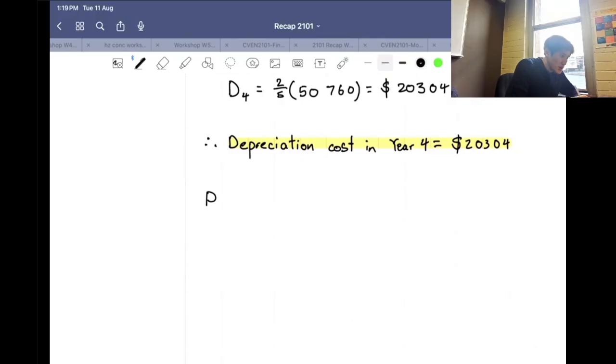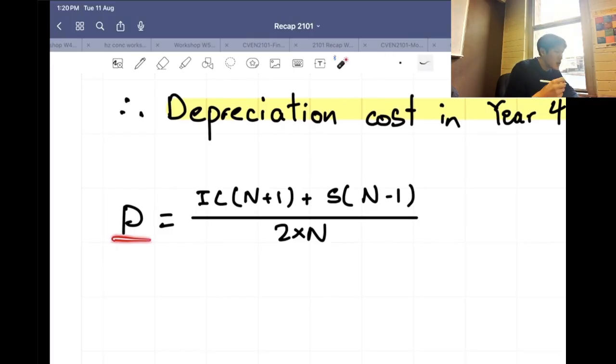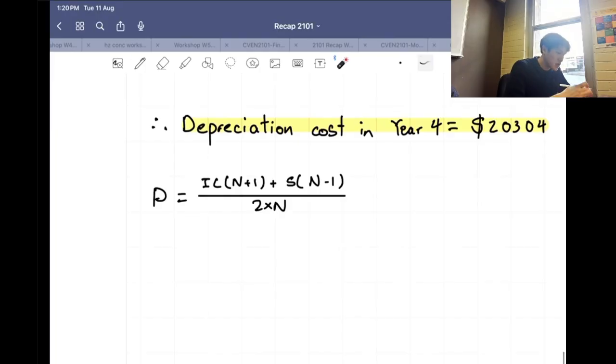So P equals IC times N plus 1 plus S times N minus 1, all over 2 times N. In this formula, P is your average value of the equipment, IC is the initial cost of the equipment, N is the equipment life, which is 5, and then S is the salvage value. And that's all the components of this question.